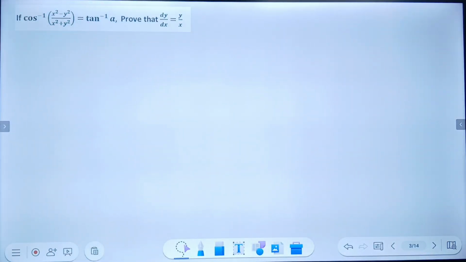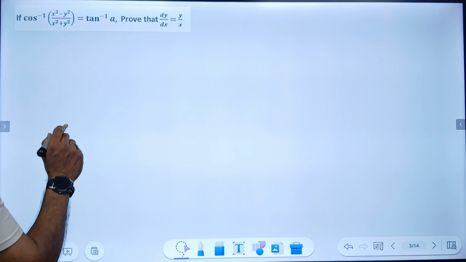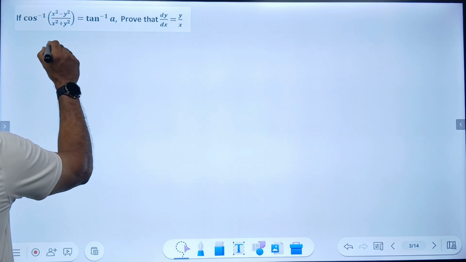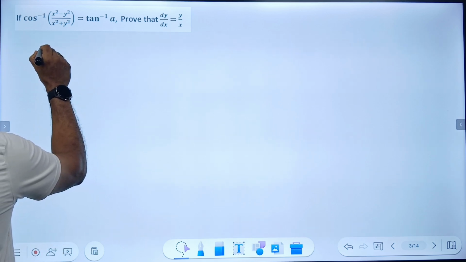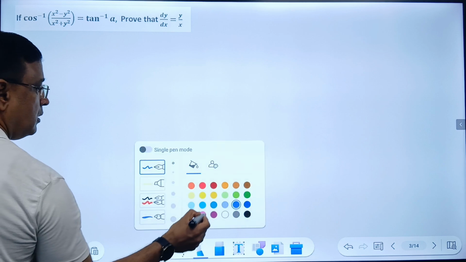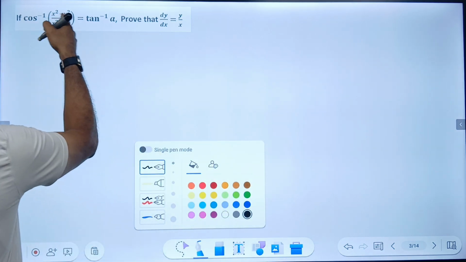This is a problem under implicit function. You have cos inverse of (x square minus y square) divided by (x square plus y square) equal to tan inverse of a. So what should I do here? Now here I can see the cos 2A formula, okay.